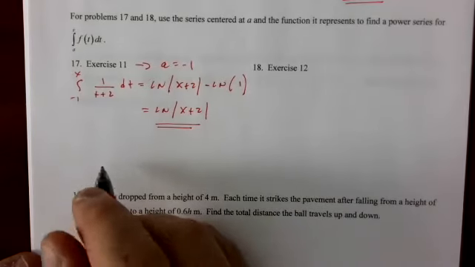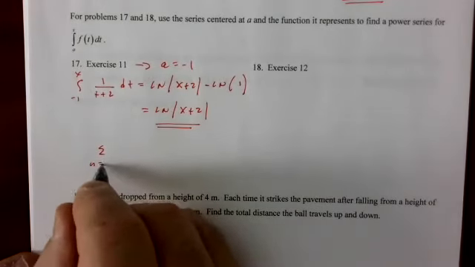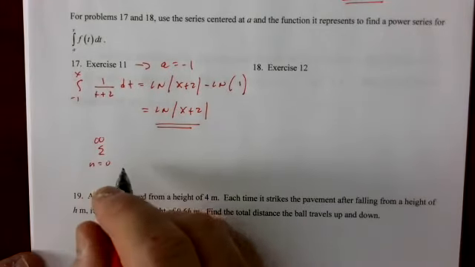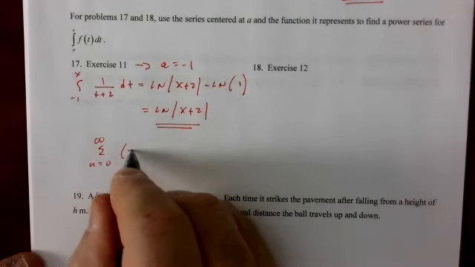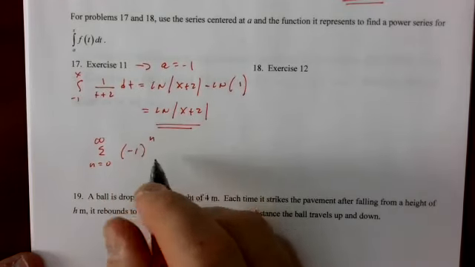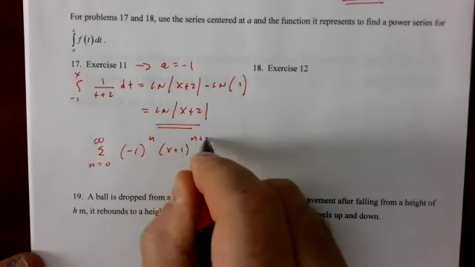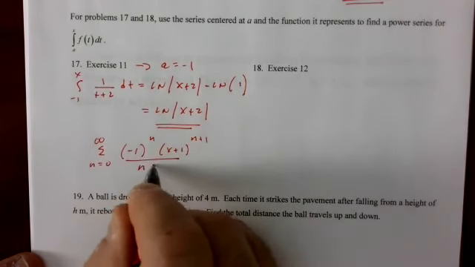And then find the power series. So it's a sum, n equals 0 to infinity, negative 1 to the n. Now we're integrating. So we take that x plus 1 to the n, we add 1, and we divide by it.